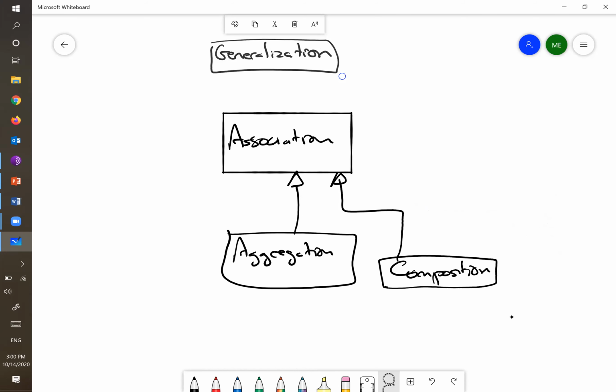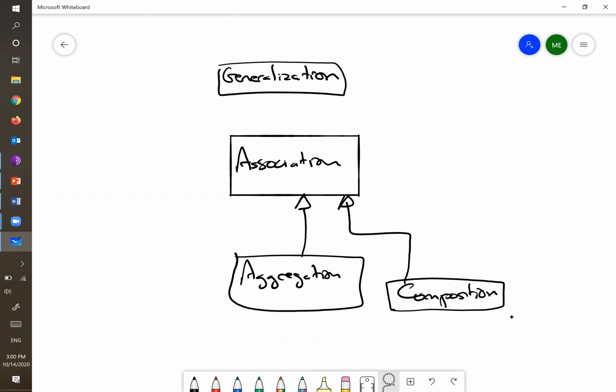Association or a generalization? If you have a generalization with someone, are you also associated with it? Yeah. Now, if I'm associated with someone, am I necessarily generalizing or specializing with it? Not necessarily. I'm giving you the answer.